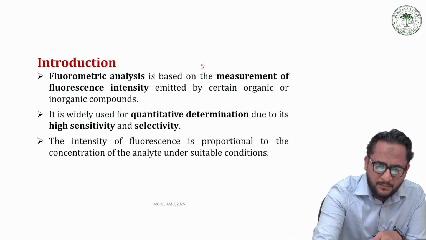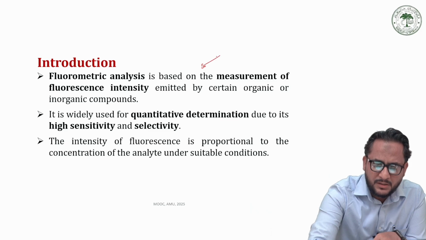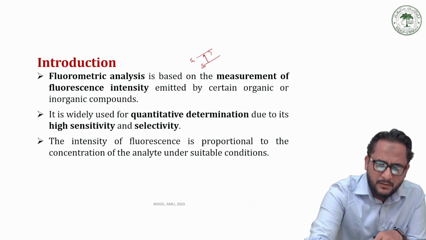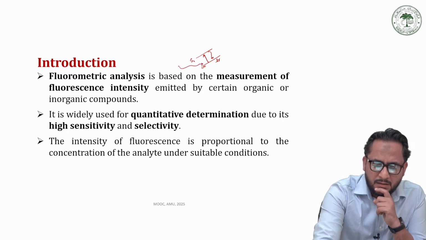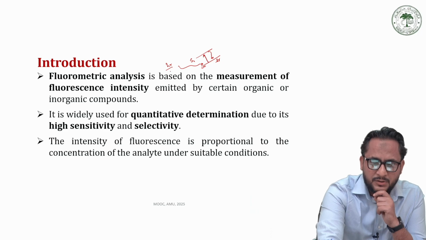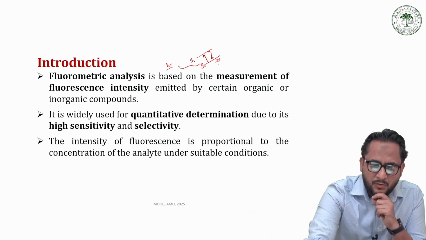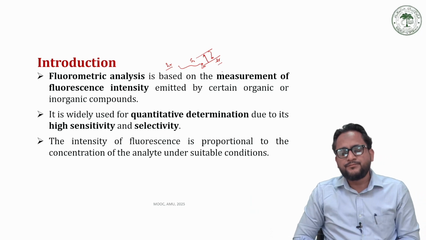Just doing a recap, electrons are excited from the ground singlet to the excited singlet, they go back, and when they come back they emit light radiation. Here we have higher energy and shorter wavelength, here we have lower energy and longer wavelength.